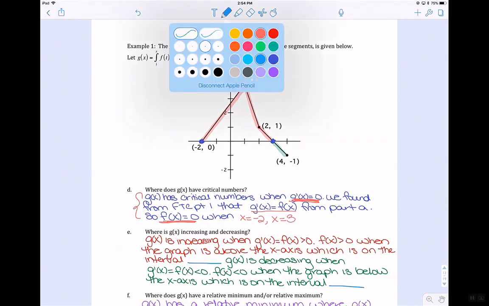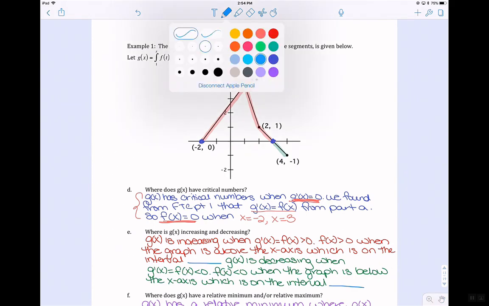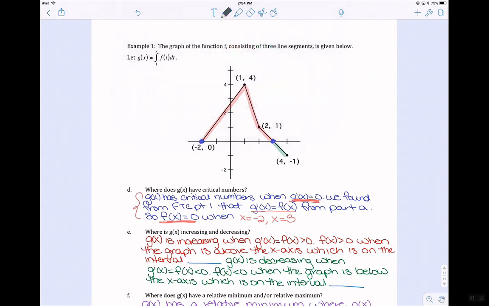Okay? And then we talk about g of x being increasing or decreasing. So g of x is increasing when g prime of x is bigger than 0, which is f.